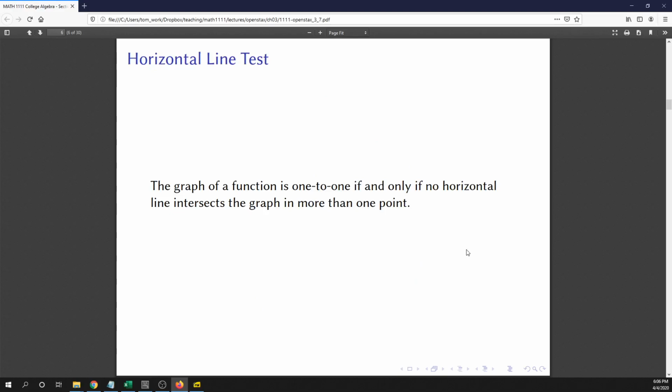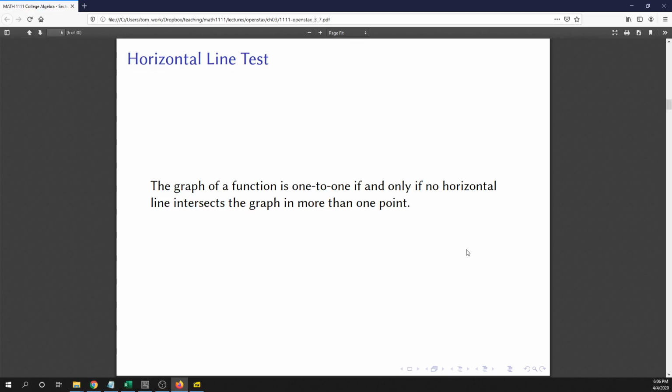But really, what we want to do is look at functions written in function notation, with algebraic formulas and that kind of thing. It is a little bit difficult to tell, working through just algebra alone, whether or not a function is one-to-one or not. It's not too bad, but we're just not going to go into that. But we will talk about this horizontal line test.